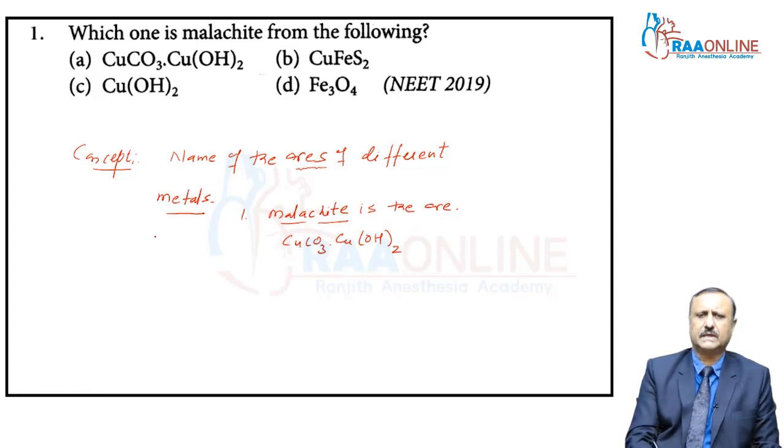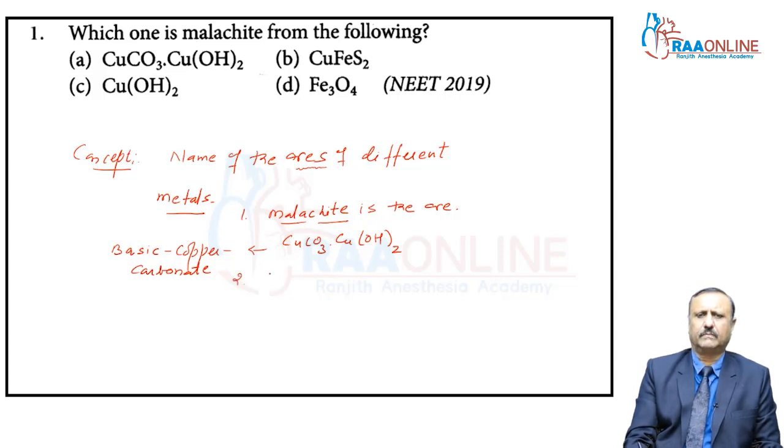This malachite ore is also called basic copper carbonate. So my dear student, here the word basic is a reference for the Cu(OH)2. So it is called basic copper carbonate, and this is malachite.